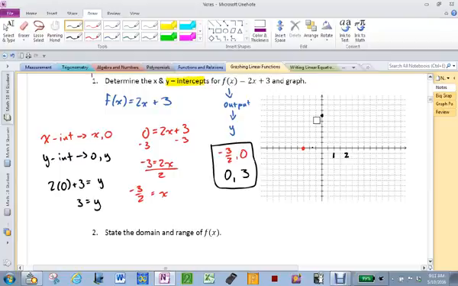Why did I connect the dots in the example? To show the y-intercept. Can I take any number and multiply it by 2 and add 3 to it? Till infinity in both directions. I can double infinity and add 3 and I'll still get an output. So I have to connect this line.